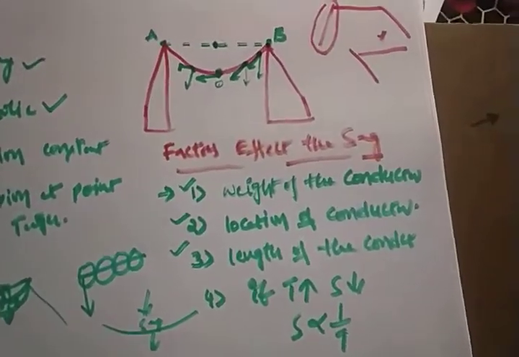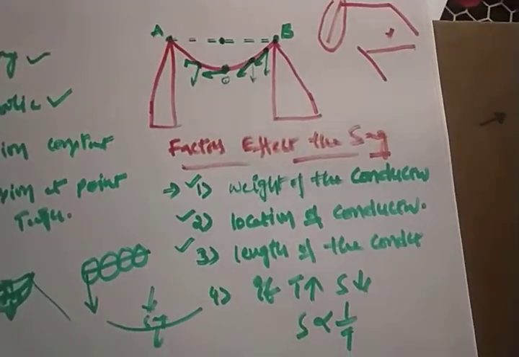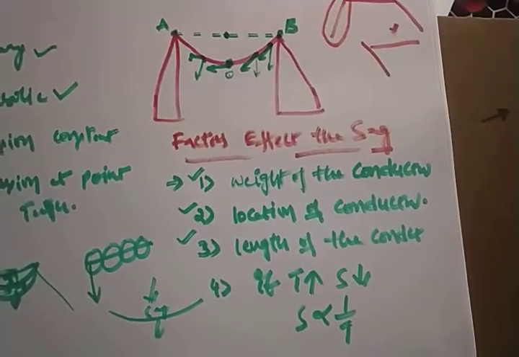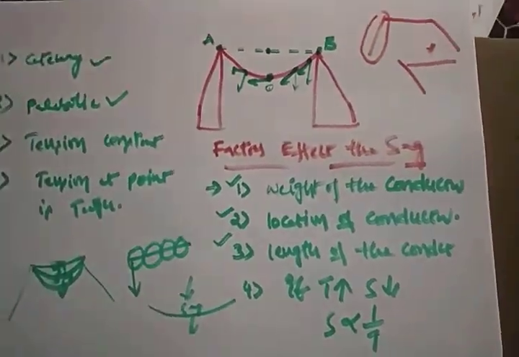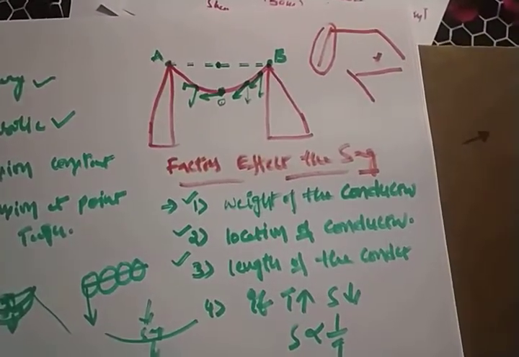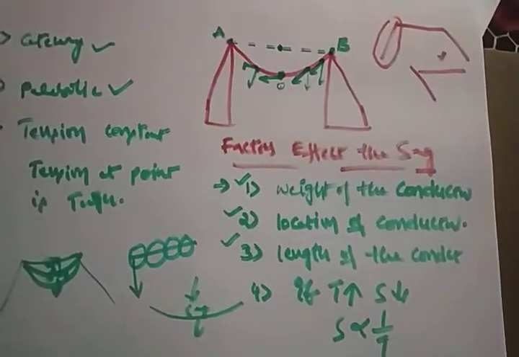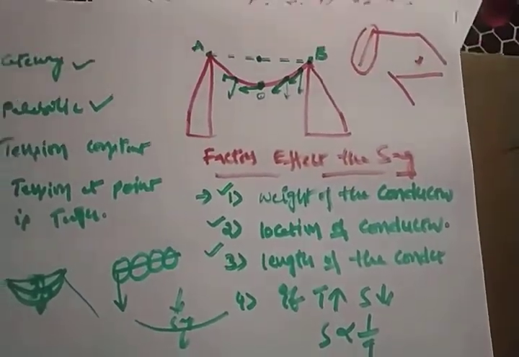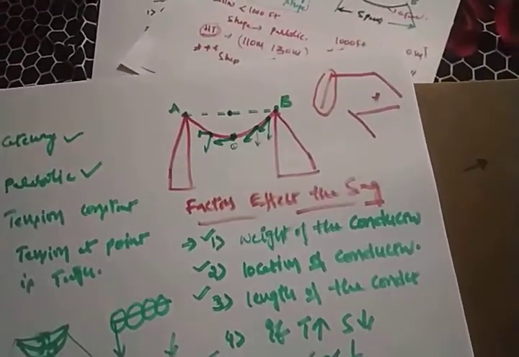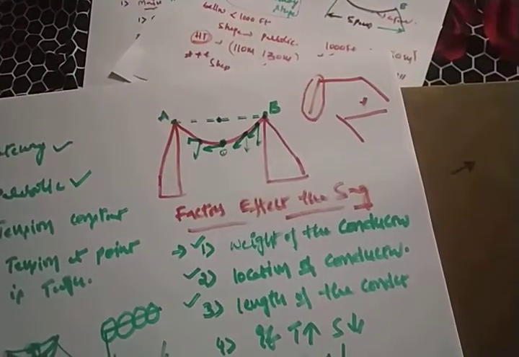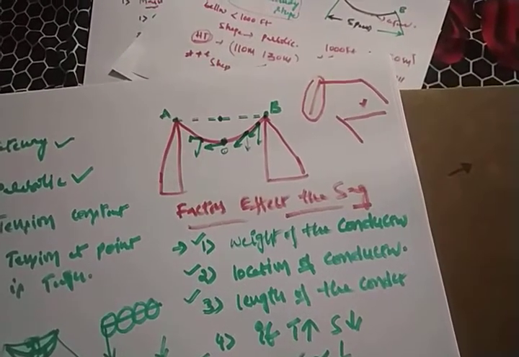So what are the main factors that affect the sag? The first one is the weight of the conductor, how much weight the conductor is having. If the weight increases, our sag also increases. After that, the location of the conductor: in cold climate areas, there will be ice surrounding the conductor, so the weight of the conductor will increase, and the sag also increases.